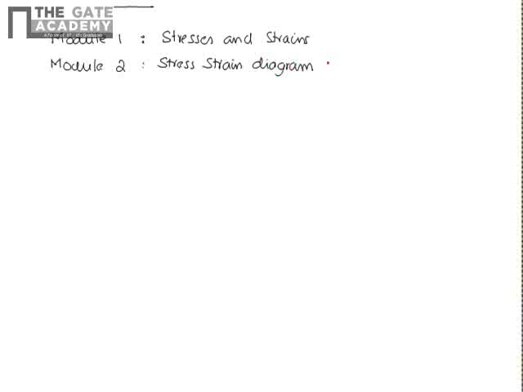In module 1, we will be seeing what is stress and strain, the basics, which you have already seen in strength of materials. In module 2, we will be seeing how to draw the stress strain diagram, and what is the strength of a material.